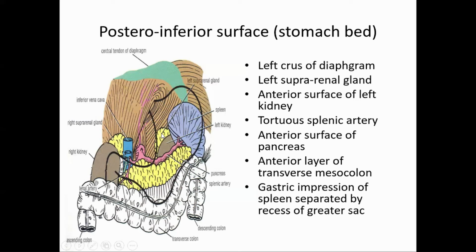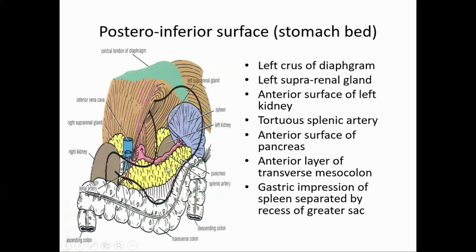Gastric impression of the spleen is separated by the greater sac. See, all the remaining structures lie behind the lesser sac. Remember, when you leave the stomach, there is a cavity present. That cavity is called the lesser sac or the omental bursa. And anteriorly there is a cavity, the greater sac.